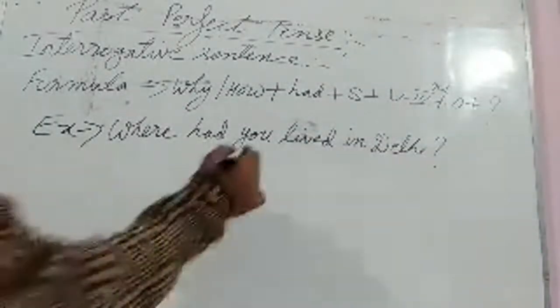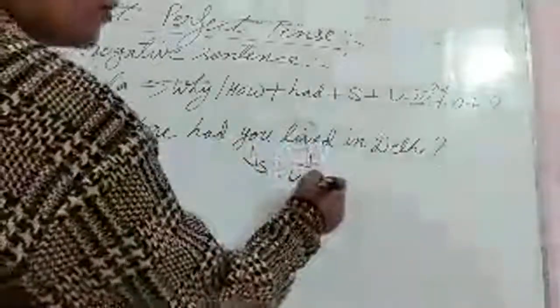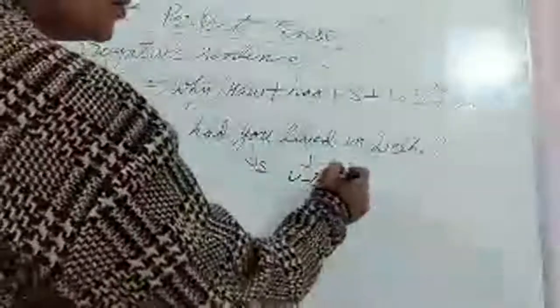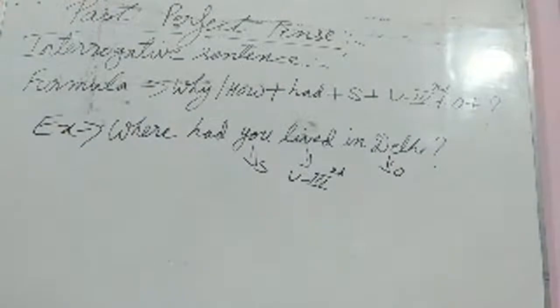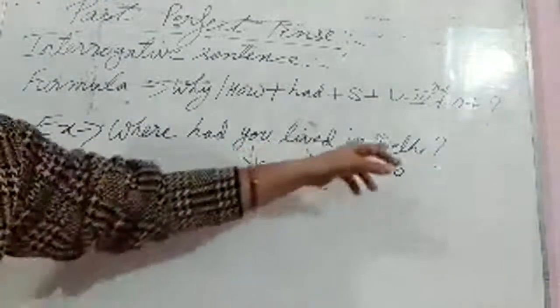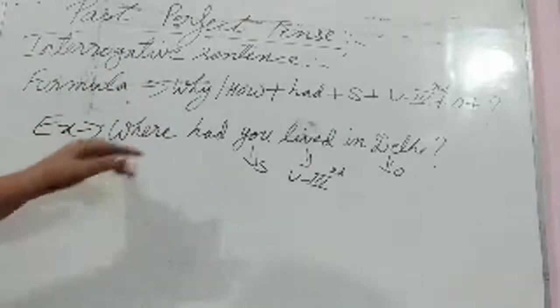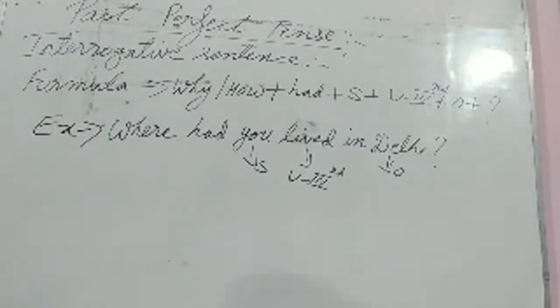As it is an interrogative sentence, where is asking for a place, had shows the sentence is in the past perfect tense, you is the subject, lived is the verb of third form, and Delhi is the object. According to the formula, the sentence is, where had you lived in Delhi?